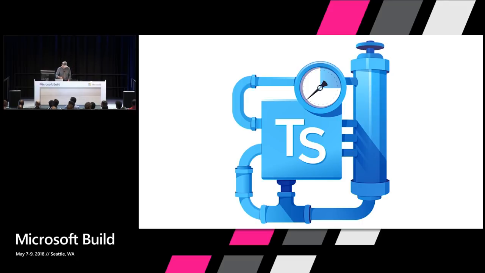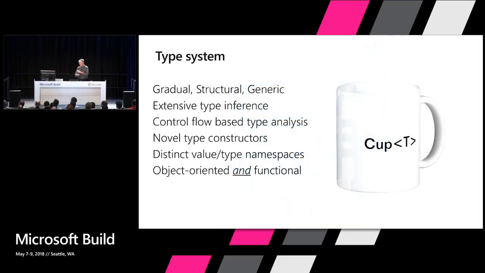Now, if you don't mind, we're going to geek out a little bit on type systems and what it's like to design a type system for JavaScript. TypeScript has a very different type system than anything I've worked on, which is what makes it fun as a language designer. It is gradually typed, which is in a sense a new discipline. It is structurally typed. It is also generic. It relies extensively on type inference. It uses control flow-based type analysis.